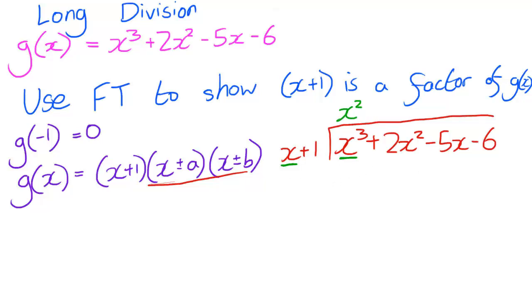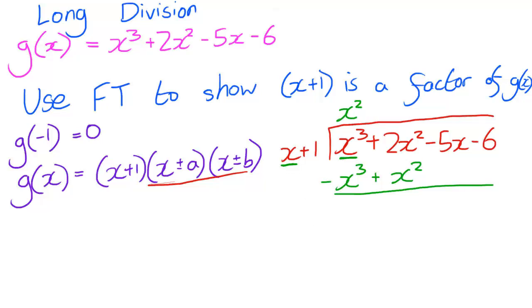So we're going to have x squared times x is x cubed. x squared times 1 is plus x squared. And then I'm going to draw a line under here and do a subtraction.